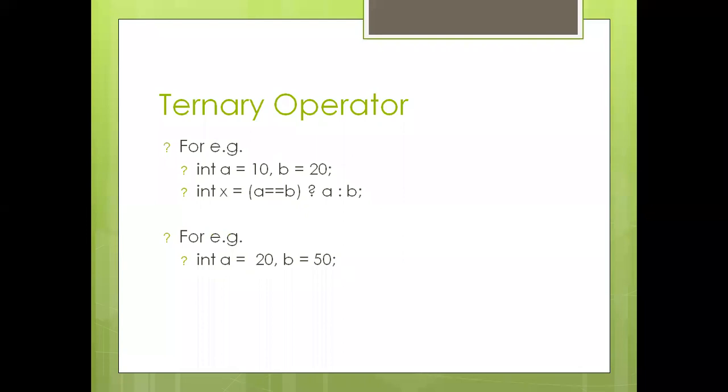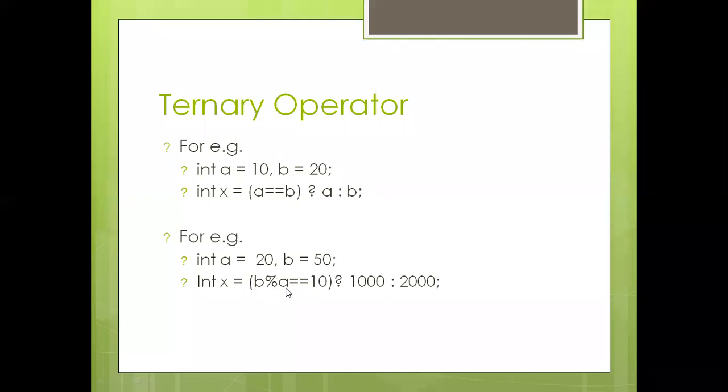Then another example, A is 20, B is 50. Now this type of thing we can also perform: B mod A. Remember, what is the meaning of mod? Mod always returns the remainder. So B is 50, 50 divided by 20.